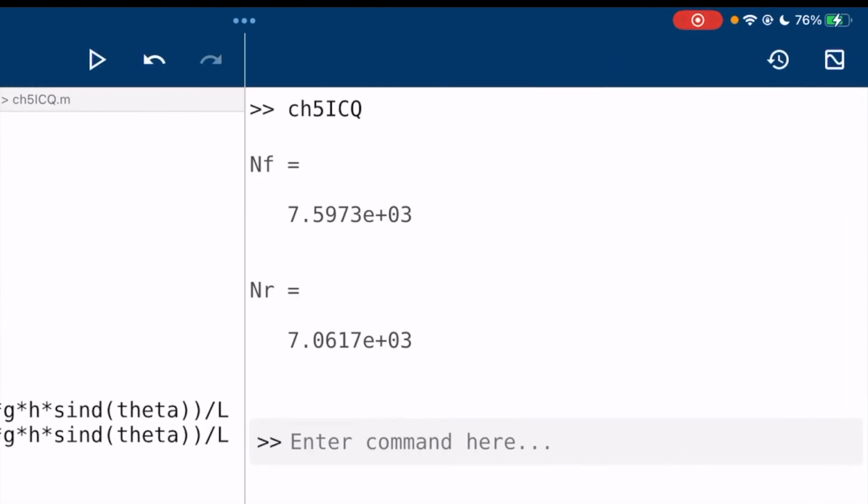So my NF is 7,597.3 newtons, and my NR is 7,062 newtons.